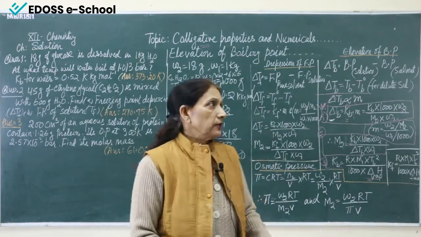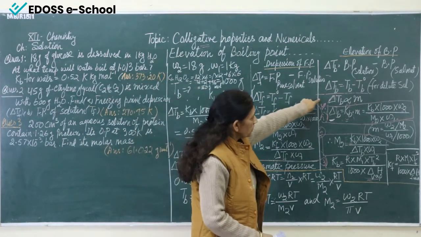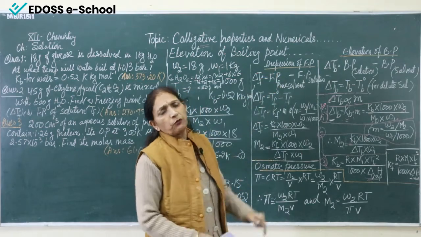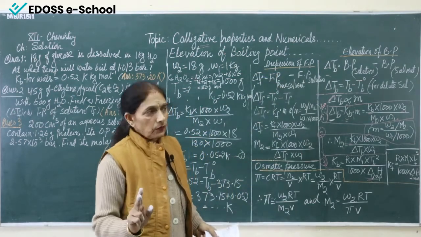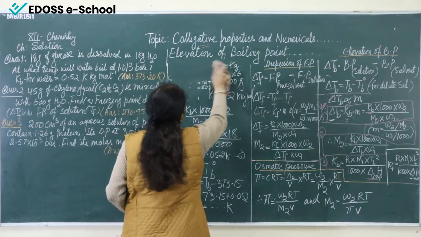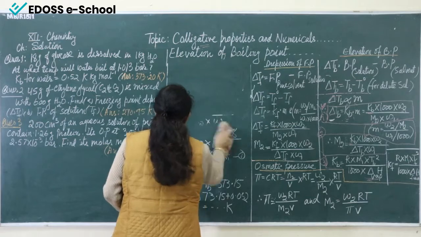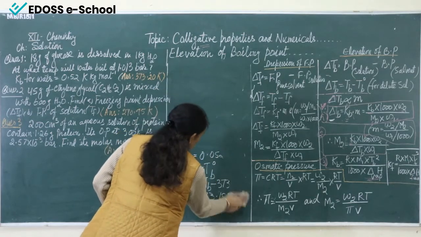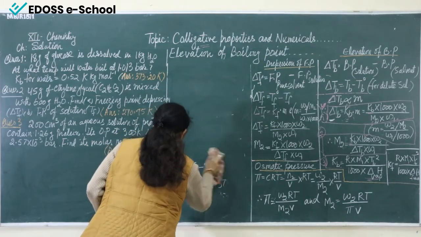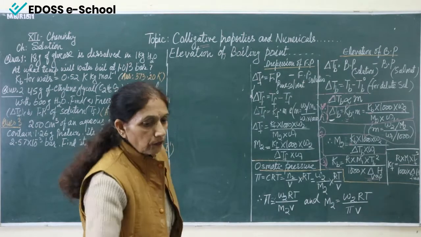Now coming to the second type. If elevation of boiling point is clear to you, then elevation of boiling point and depression of freezing point are almost the same. Now see the formula here.